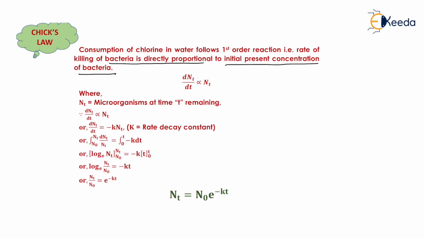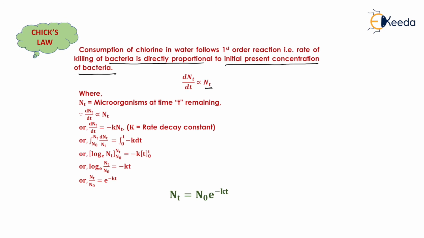The initial concentration is shown as N₀, and the bacteria remaining after time t is shown as Nt. So the rate of killing of bacteria, dNt/dt, is directly proportional to Nt. We don't go for the derivation because derivation is not important from the GATE point of view.